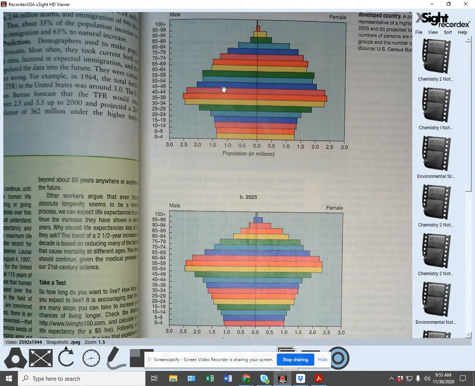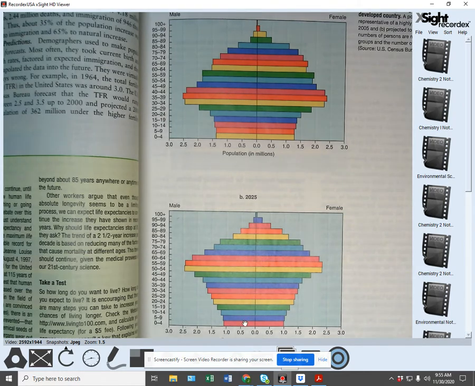In 2005, it was between 30 and 45. In 2025, it's projected that the largest percentage will be between around 50 to 65, which would basically be these people getting 20 years older.